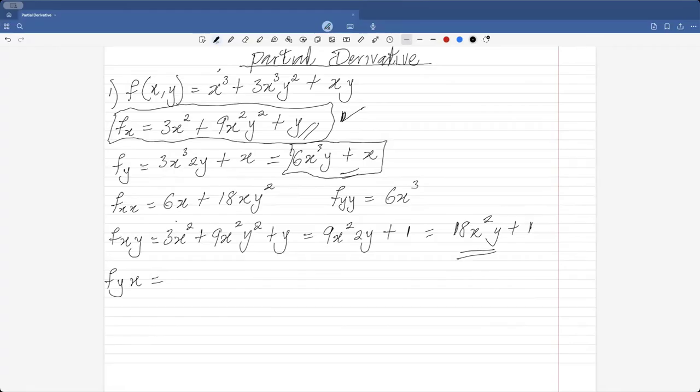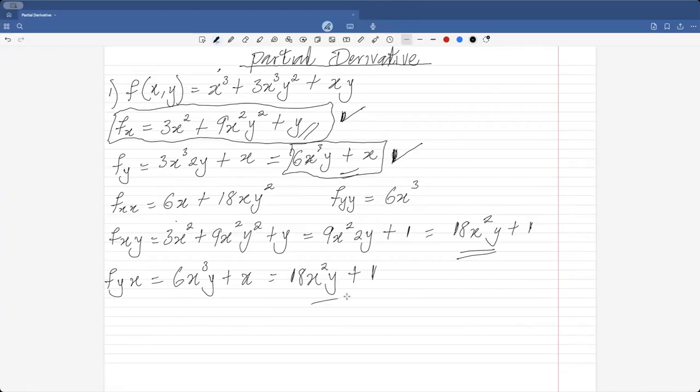So if we differentiate with respect to x this result here, 6x cubed y plus x, with respect to x becomes 18x squared y plus 1.